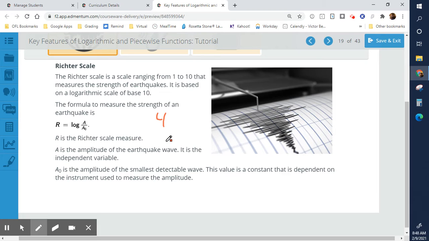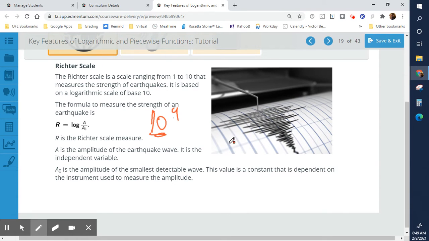than a 3, and that is actually 10 times bigger, because what we're actually measuring on the Richter scale is 10 as our base to the power of 4. So it would be 4 times greater than what's known as the amplitude for a detectable one that actually does measure on the Richter scale.